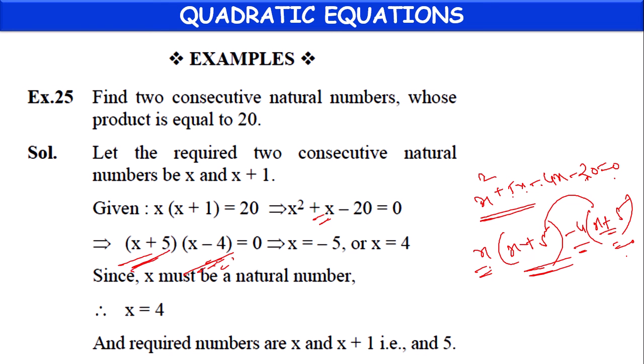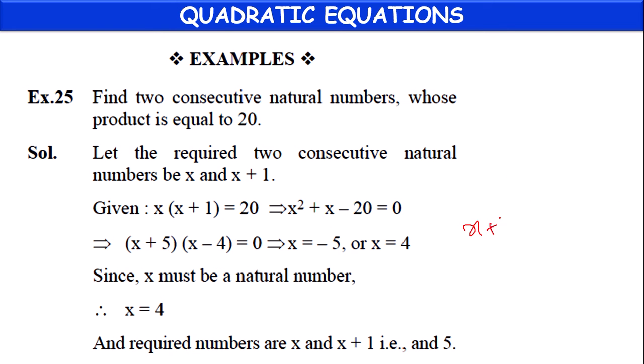So the product of the two factors equals 0, which means x plus 5 equals 0, so x equals minus 5, or x minus 4 equals 0, so x equals 4. We are getting the values x equals minus 5 and x equals 4.